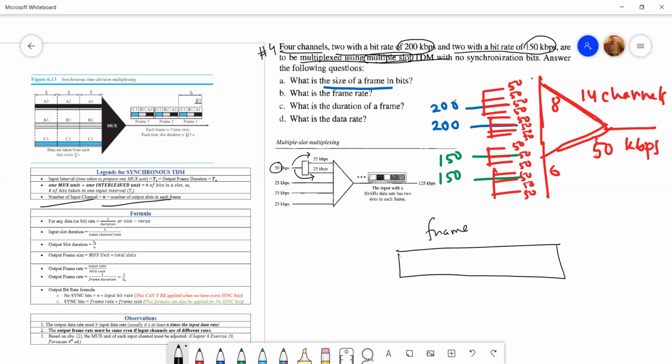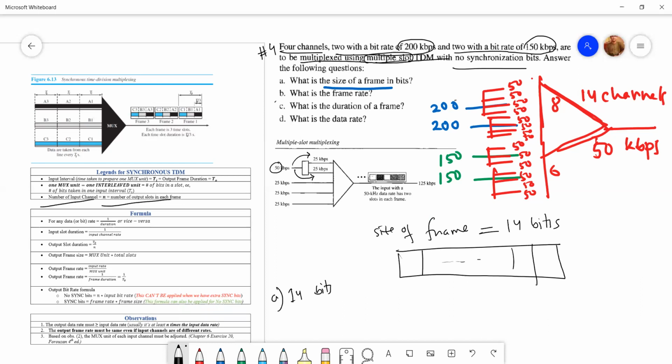Now we have 14 input channels, so there will be 14 slots, and there will be no synchronization bit. So the frame size will be 14 bits. So the answer to question A is 14 bits.